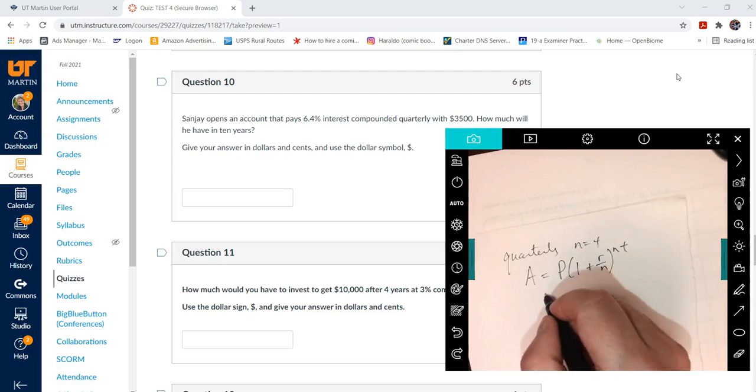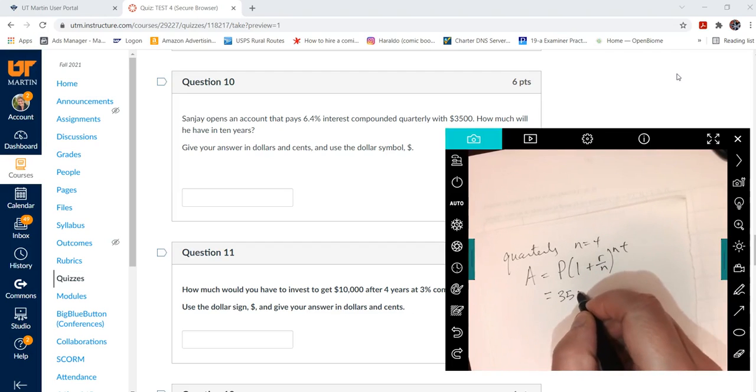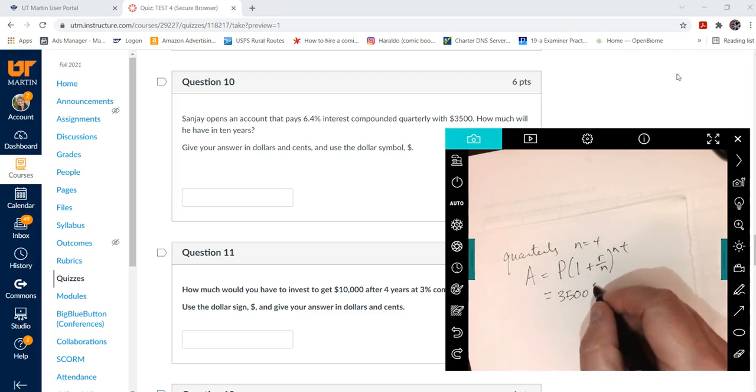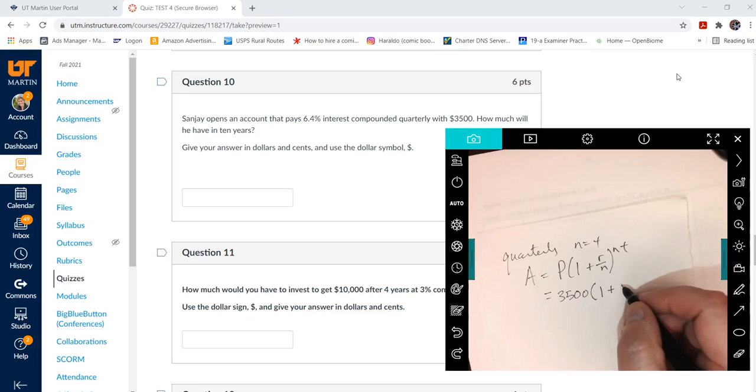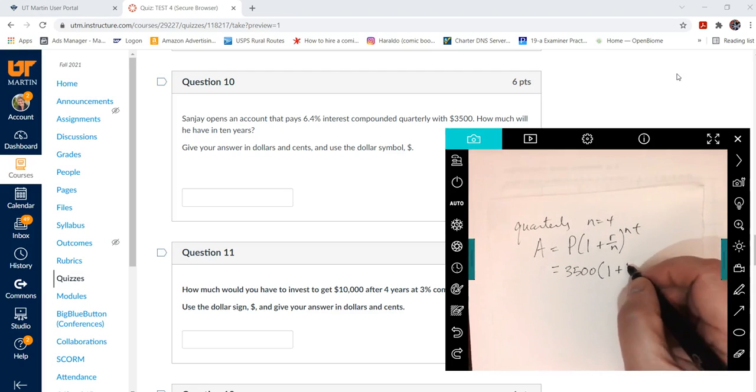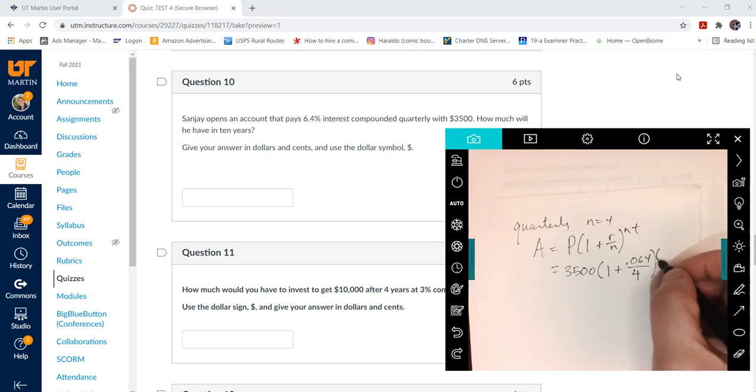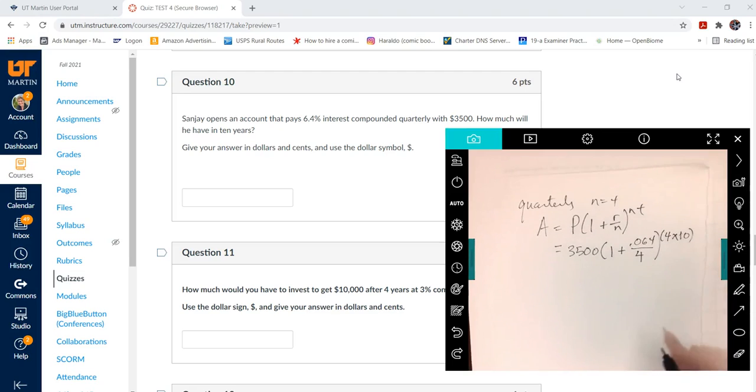The starting amount is 3,500. The rate is 6.4%, so r is 0.064. n is equal to 4 because it's quarterly. And the time is 10, in 10 years.